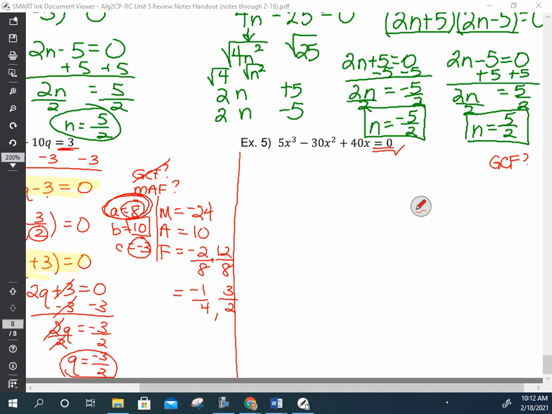Start with greatest common factor. We have a 5, a 30, and a 40, so everything divides by 5. X to the third, x squared, and x, so you can take an x out of everything.